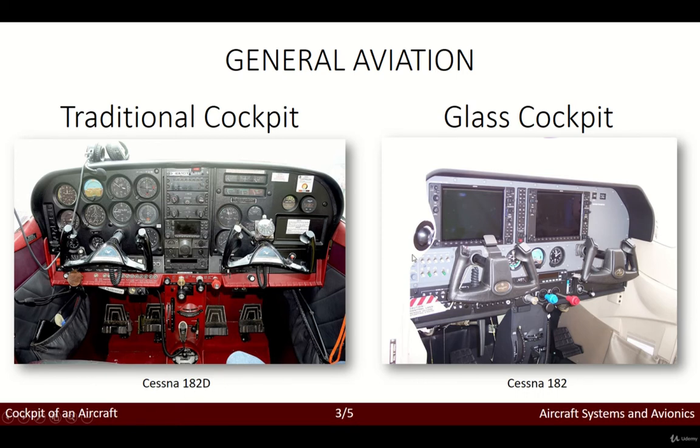But again, due to the evolution of technology, okay, we basically adapted all of this analog technology to digital technology, meaning that instead of directly using information coming from the pitot-static instrumentation, for instance, we take the same information but put it in simply digital terms, and we have screens showing the same information, right?